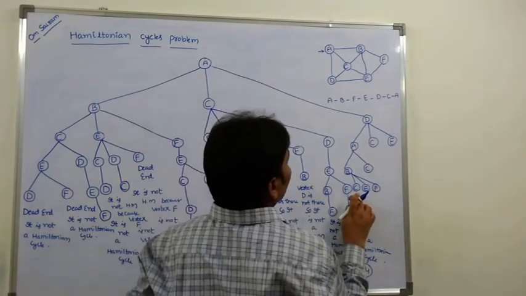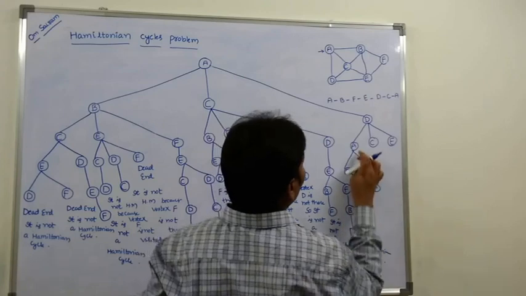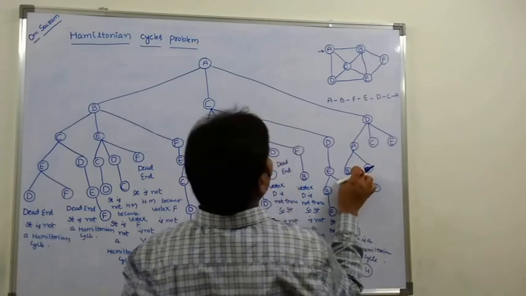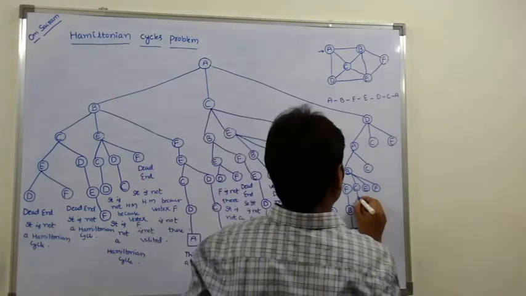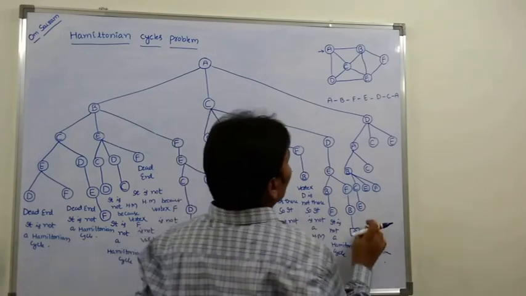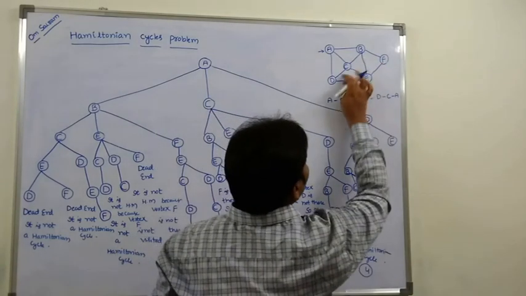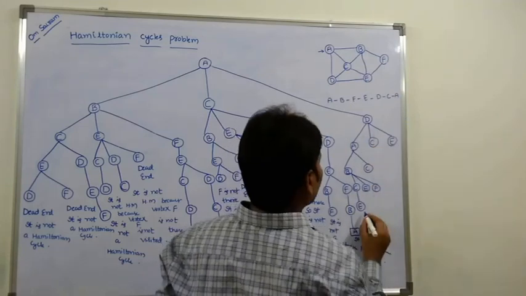So now consider vertex C. The adjacents for C are A, B, E, D. D is already completed. E is not there. Now consider vertex E. Adjacents are B, C, D, F. B, C, D already completed.